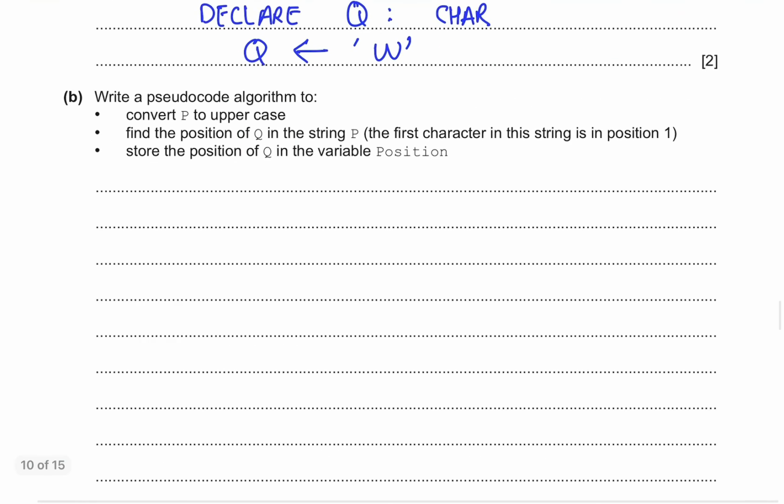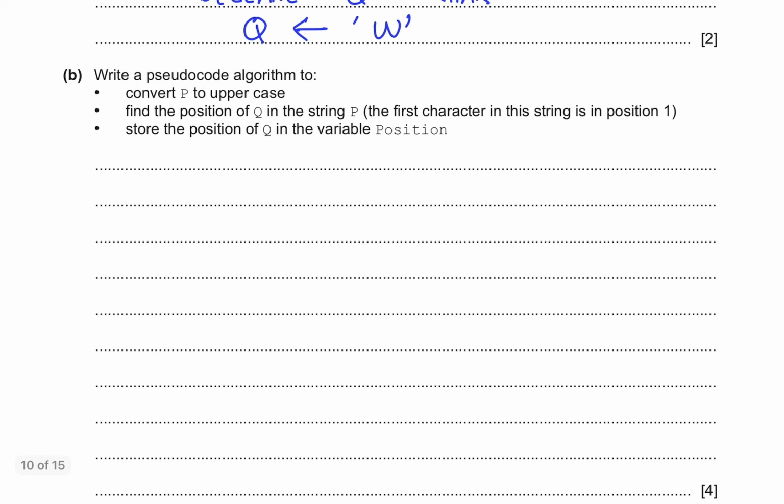You have to write a pseudocode algorithm which does three things: convert P to uppercase, find the position of Q in the string, and store the position of Q in the variable position. So in order to start with the pseudocode, the first thing you need to do is convert P to uppercase.